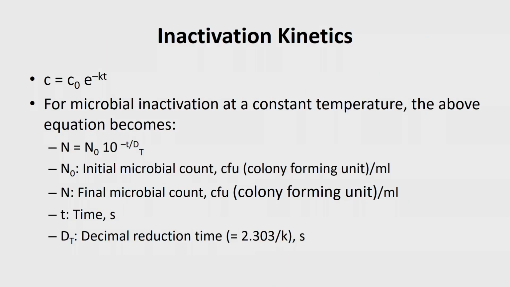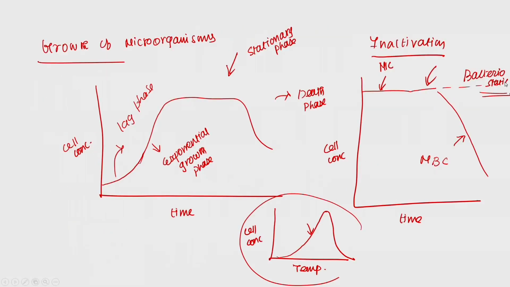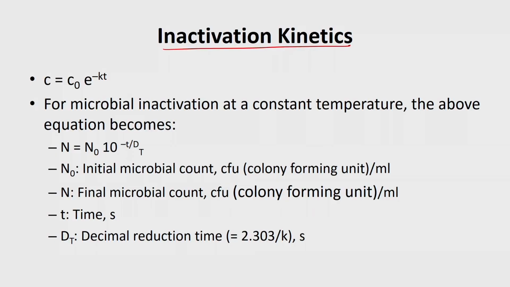So, now we learnt what inactivation kinetics is, and how it is going to happen in terms of temperature, right. We already said that most of the inactivation kinetics of microorganisms follows a first order reaction. We will go into a little more detail. For example, here dN upon dt.